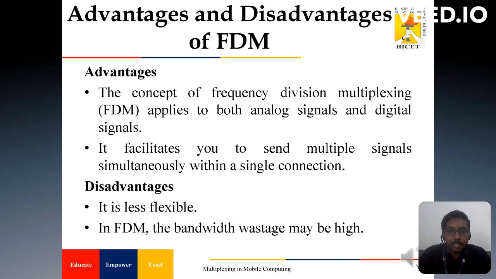If you have only one connection, sending multiple analog or digital signals over it is possible with frequency division multiplexing. On the drawbacks: it is less flexible, and there is bandwidth wastage, because we do not watch all the channels all the time, so the bandwidth gets wasted.